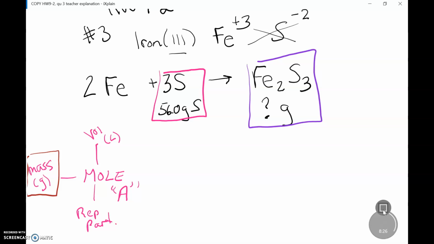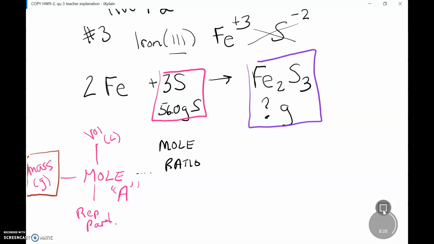Now in order to get from the mass of sulfur to the mass of iron 3 sulfide, we have to go through the mole ratio. In order to connect one roadmap to another, we have to use the mole ratio, which we talked about before.